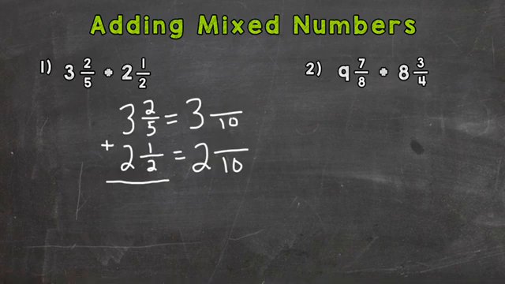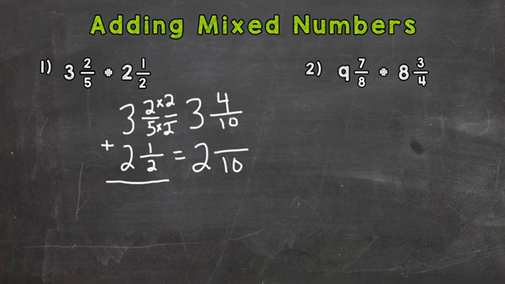So I got to think to myself here, 5 times 2 is 10. So I need to do that same thing to the numerator or top in order to find an equivalent fraction here. So 2 times 2 is 4. I'm not changing the value of the problem. I'm just renaming with a different denominator. So they both have a common denominator of 10.